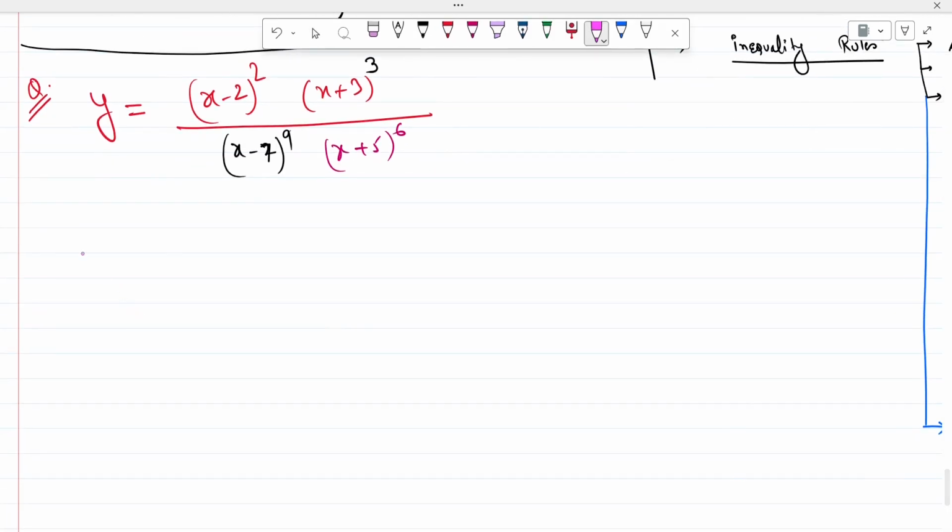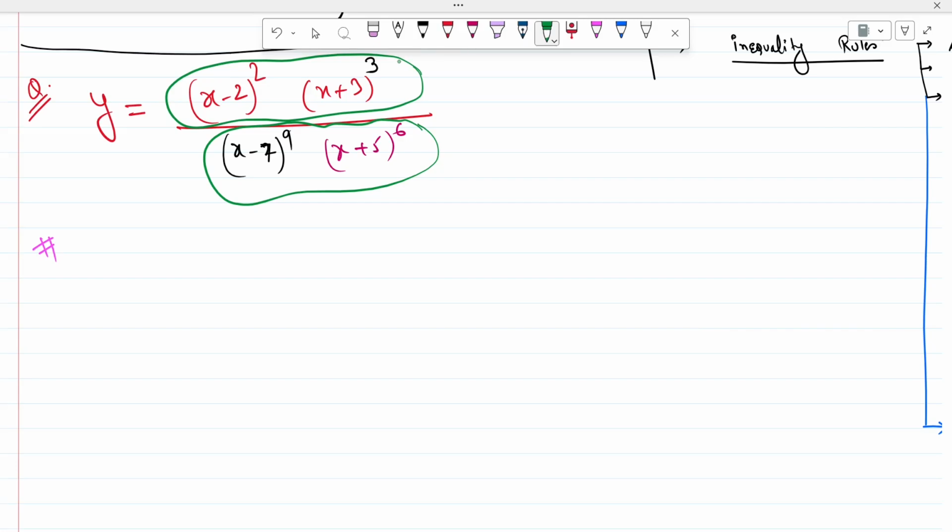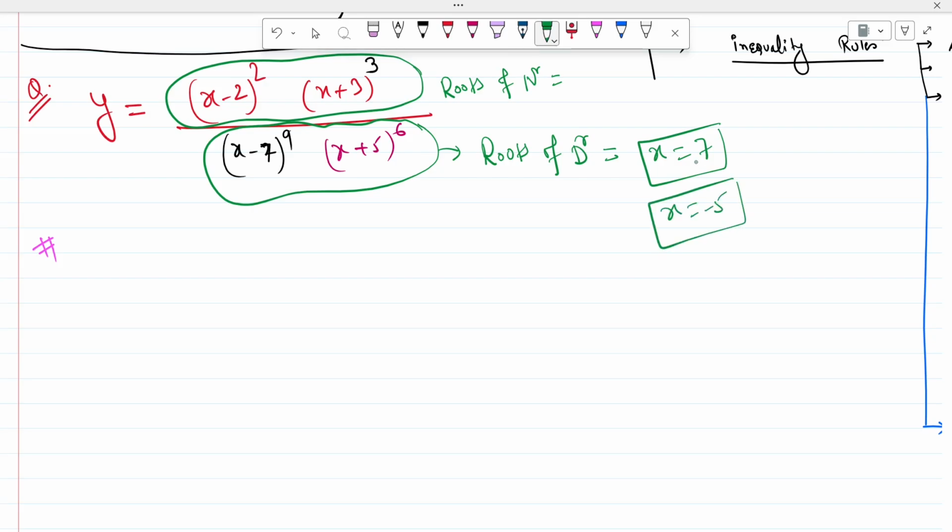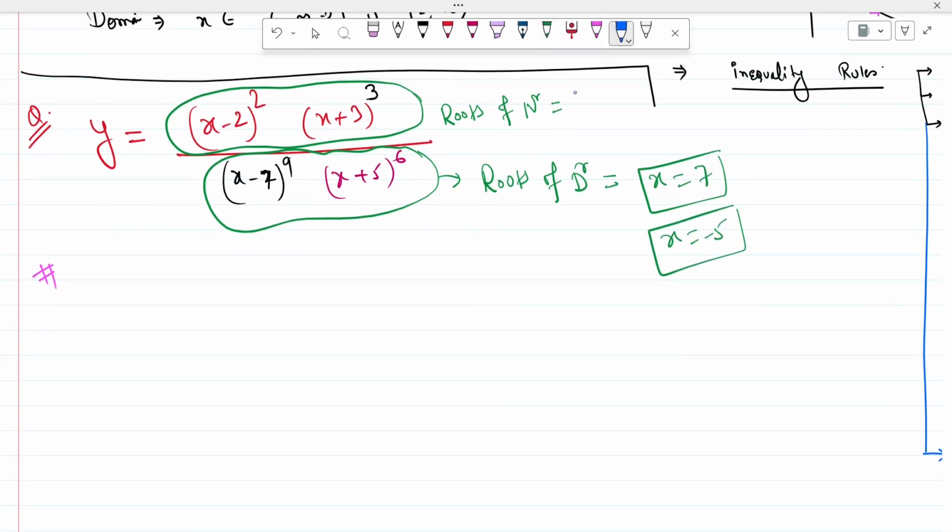Still, no problem, but let us see smartly. First of all, the rule is you have to find the roots of your numerator and denominator separately. Don't try to find the roots for y. So obviously your roots will be x equals 7 and x equals minus 5 for the denominator, and for your numerator, x equals 2 and x equals minus 3.